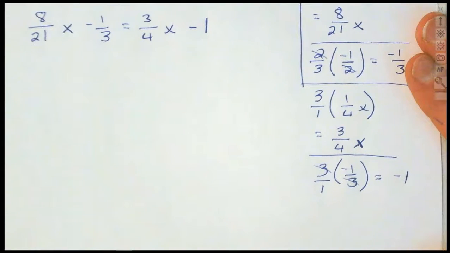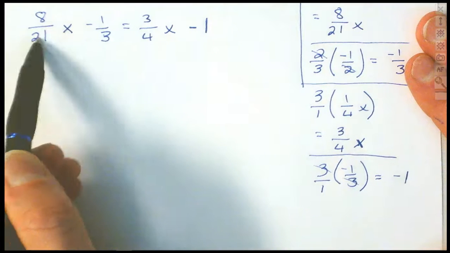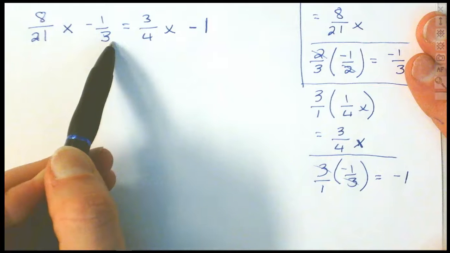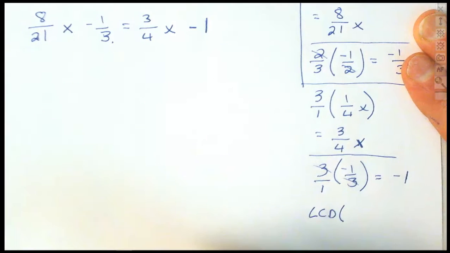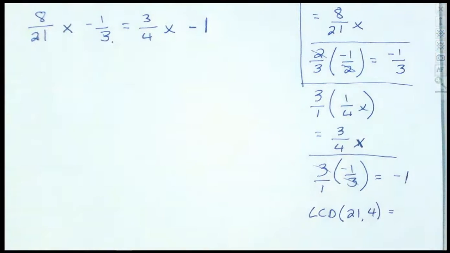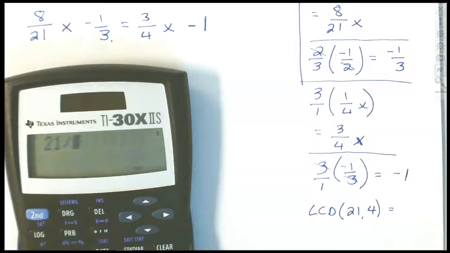Okay. So we can write it down, but what's the least common denominator of 21 and 3? Well, we've done that a couple of times already. That's 21, right? 21 goes into both of them. Now we need the least common denominator of 21 and 4. So what do we need to do? Well, you can either look at it and tell that it's going to be 21 times 4, or we can work it through. Well, does 21 go into 4?